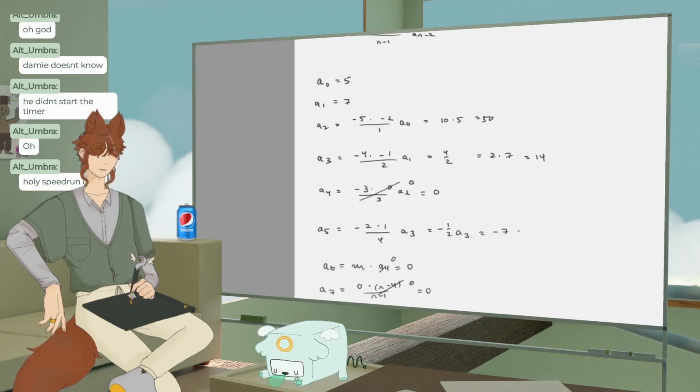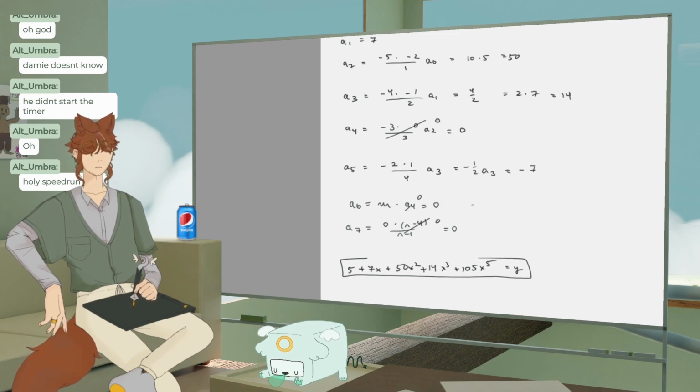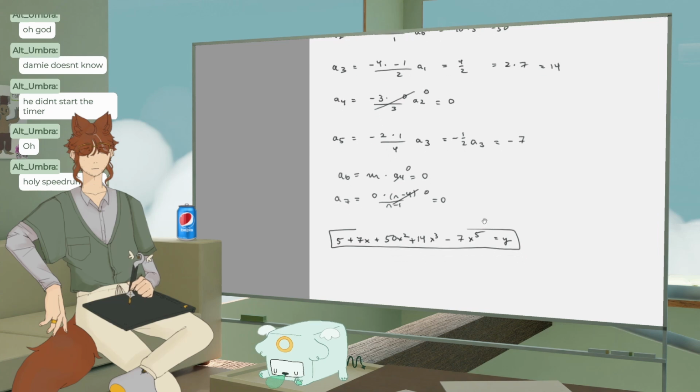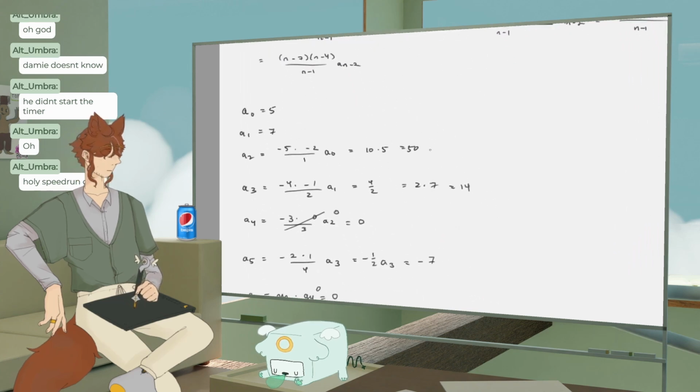Is gonna equal -7. Whoops. To be fair, I got A3 wrong, but it shouldn't have been that large. I'll have to check it later though.